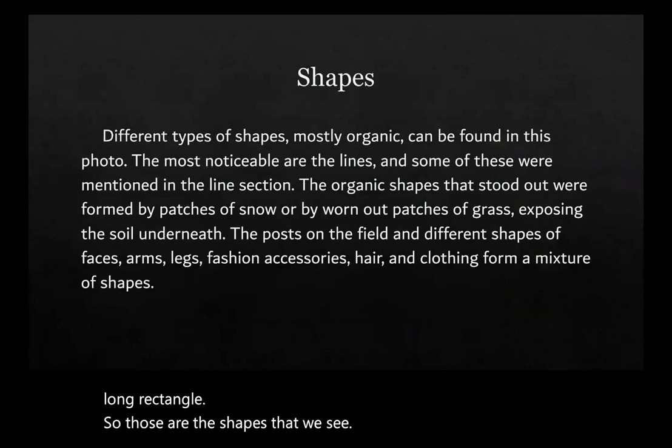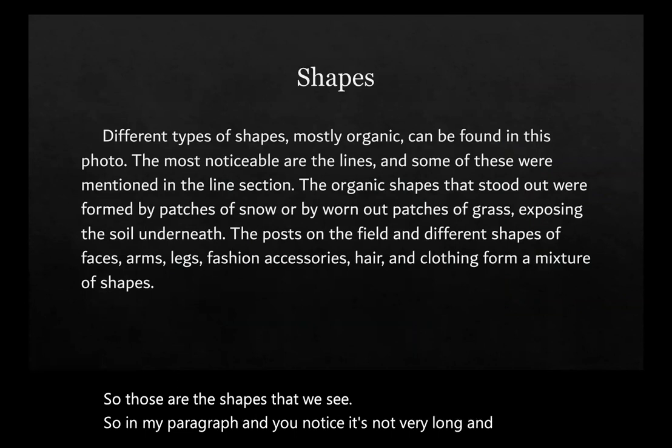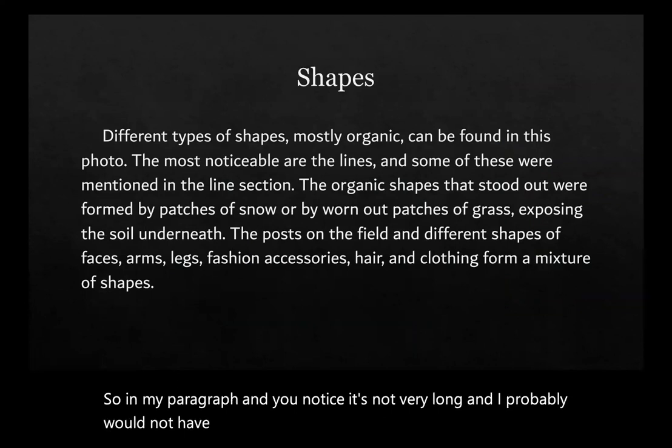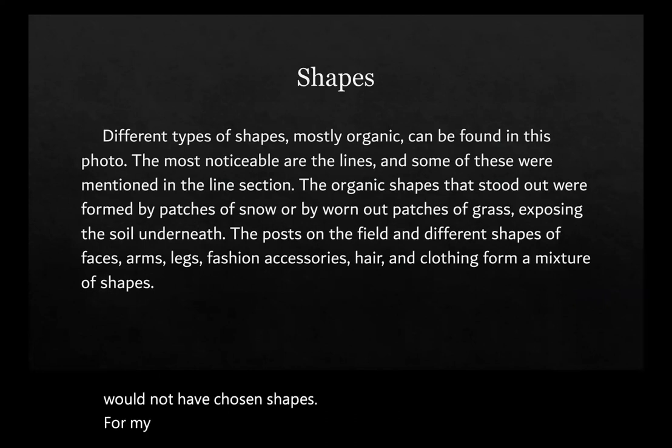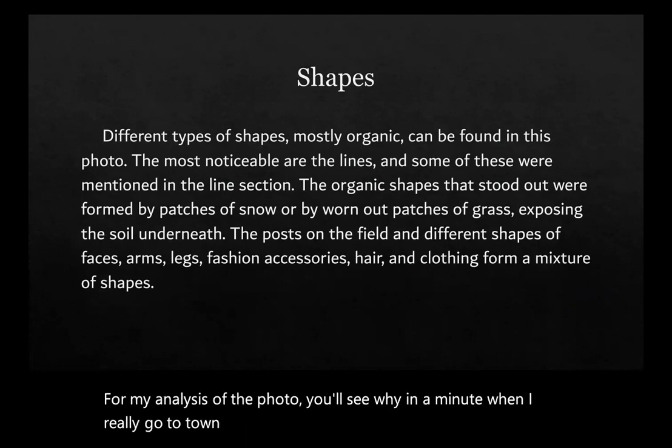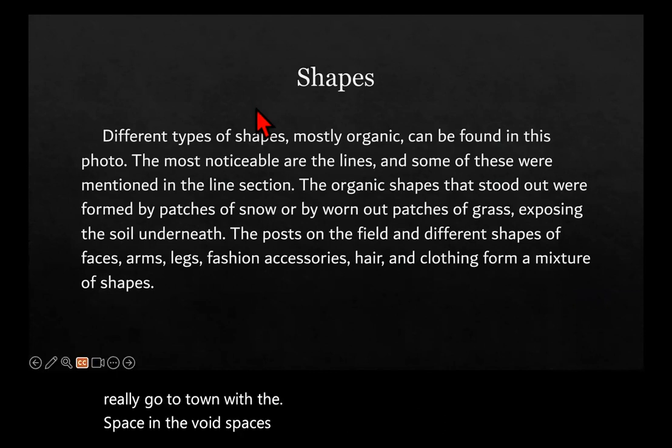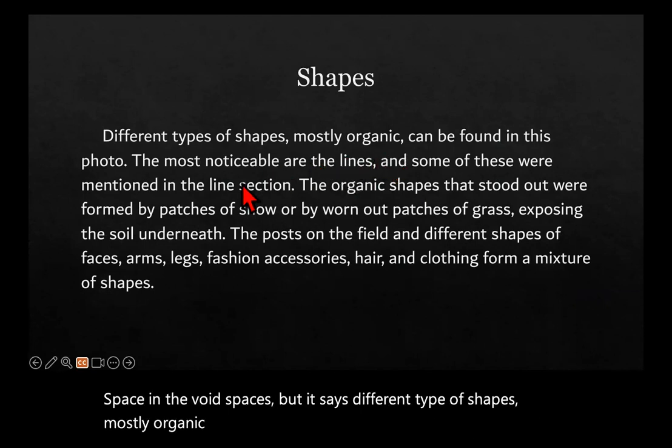So in my paragraph, and you notice it's not very long, and I probably would not have chosen shapes for my analysis of the photo. You'll see why in a minute when I really go to town with the space in the void spaces. But it says different types of shapes, mostly organic, can be found in this photo.